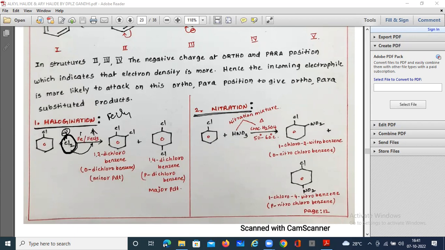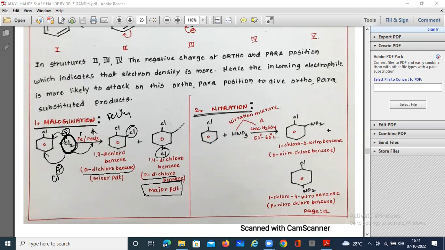This electrophile can attack at the ortho position and next at the para position only, but not at the meta. Why? Here the electron density will be more at the ortho and para positions, so they are easily attacked by the incoming electrophile, chlorine plus. So it gives ortho dichlorobenzene as one product and para dichlorobenzene, whereas para dichlorobenzene is the major product.